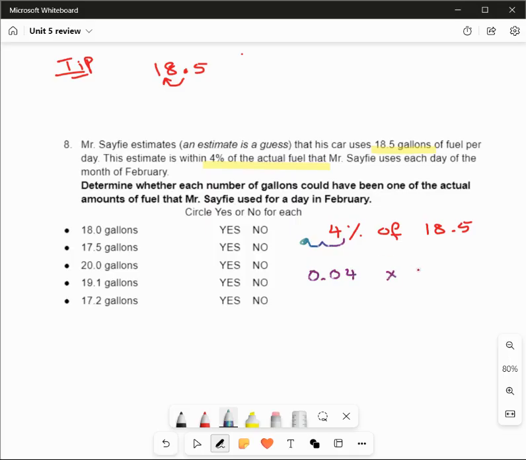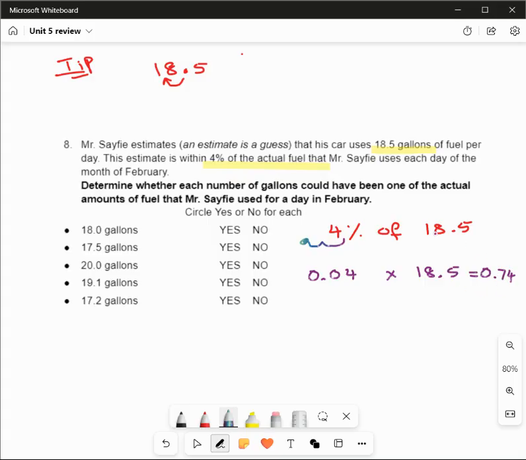Of means times 18.5. You can use a calculator quickly: 0.04 times 18.5, which is 0.74, or 74 hundredths. Okay, so that is your 4%.